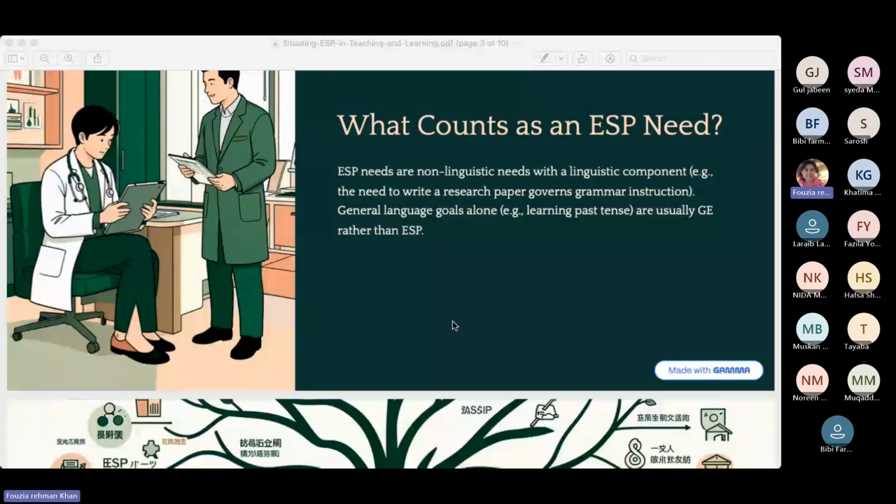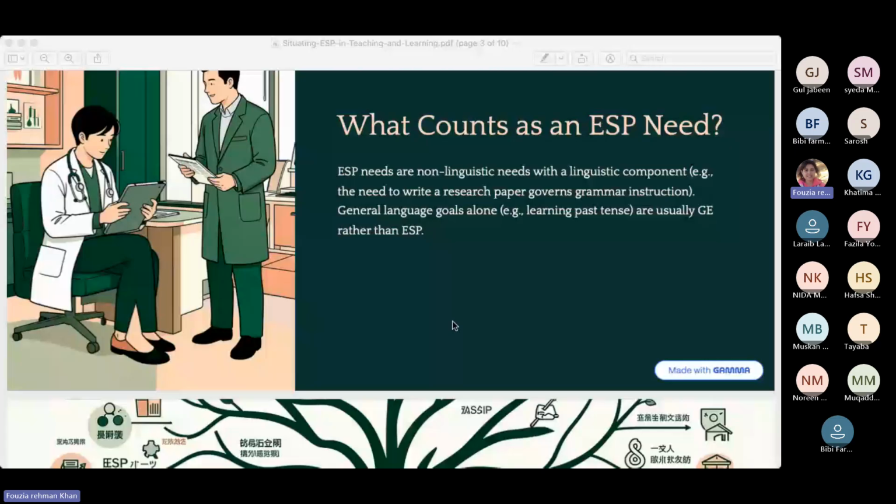What I would like you to do is, in the next 15 minutes, do this on your own. I would like you to find out the difference between genre and skills, one thing. And I would like you to reflect on this slide, which says ESP needs are non-linguistic needs with a linguistic component. So how can the needs be non-linguistic, and how can their solution lie in linguistic components?